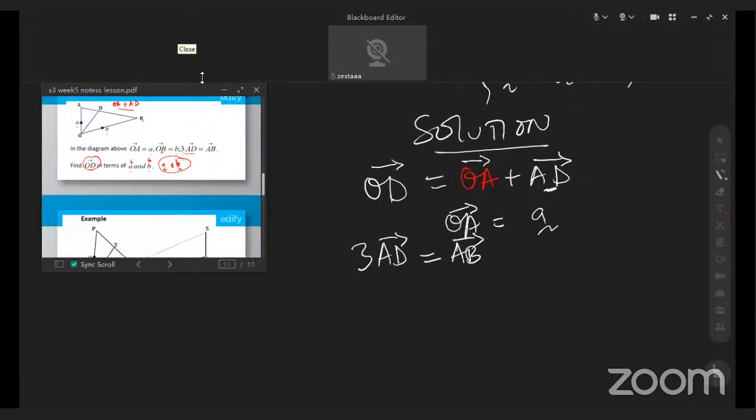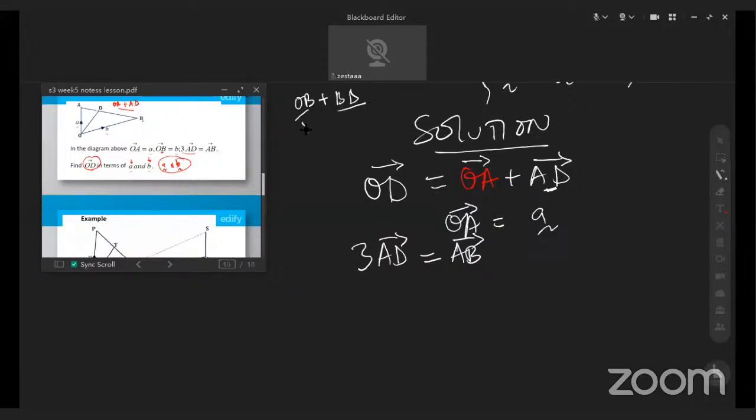So you can also say OB plus BD. It is also very fine.